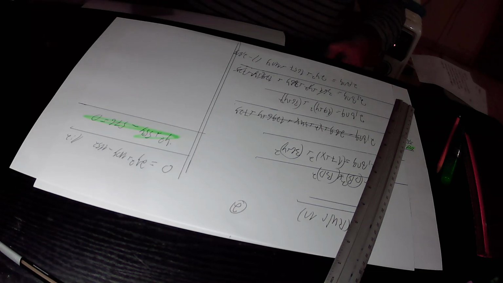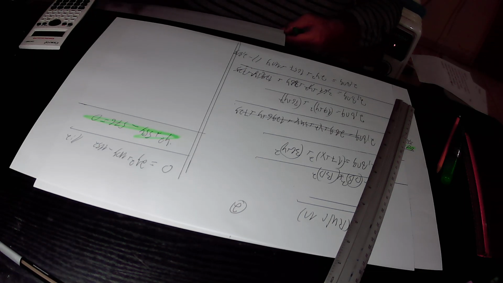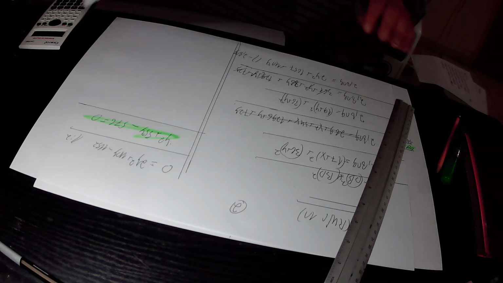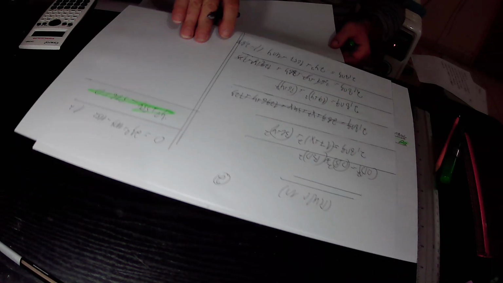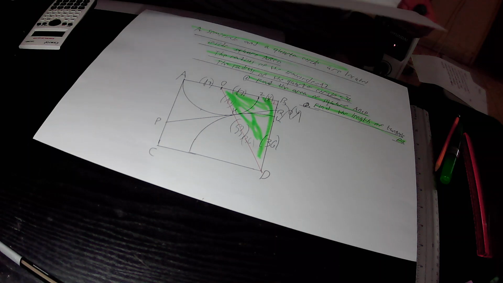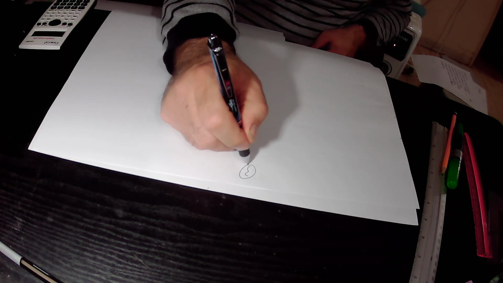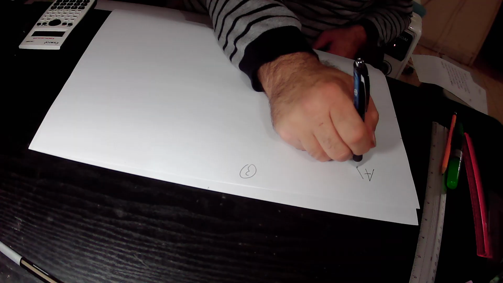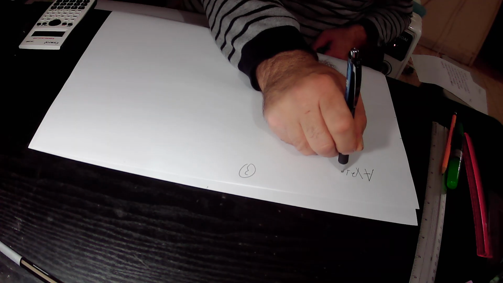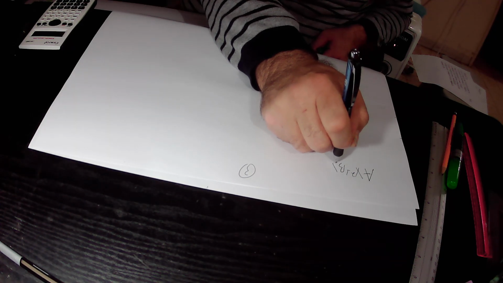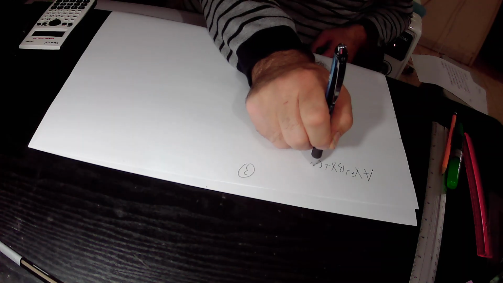and the general formula for a quadratic equation is as follows. Ax squared plus bx plus c equals to 0.